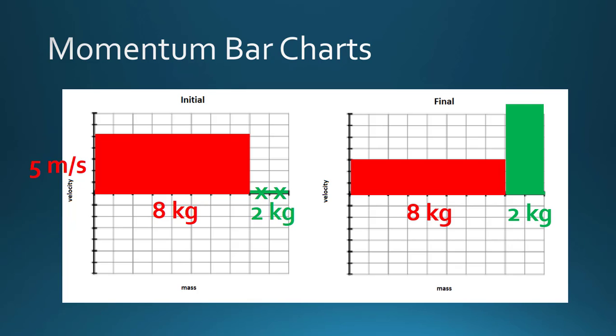So we're going to draw its blocks 8 spaces tall. So what we have now is the final momentum. Our red ball slowed down, so we can see that its momentum has gone down a little bit, and then the green ball sped up, so we can see that it has momentum now.